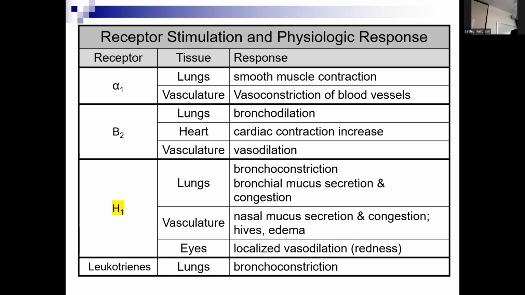So it depends on what is being stimulated. If it's the muscles being stimulated, that goes more in line with alpha-1 in the lungs, smooth muscle contraction. But if it's beta-2 receptors being stimulated in the lungs, that has a bronchodilating effect. It just depends on what receptor is being stimulated. And then we're going to learn about a whole new one here as well.